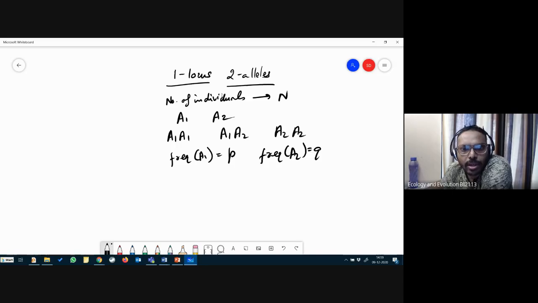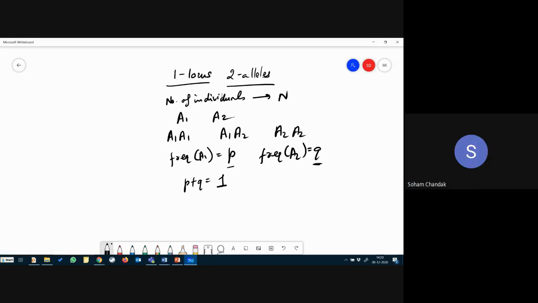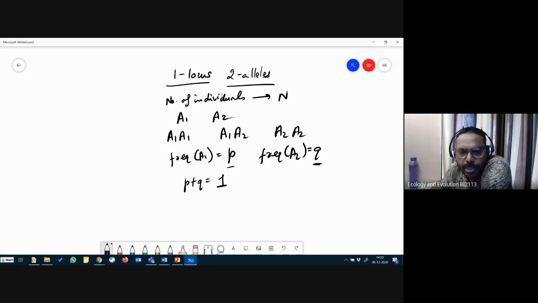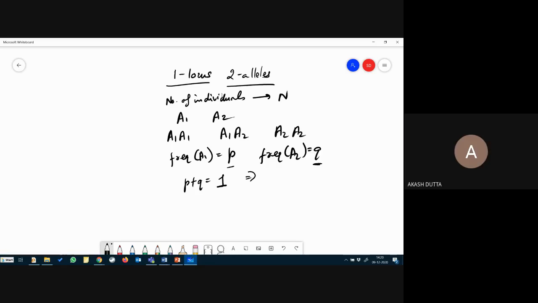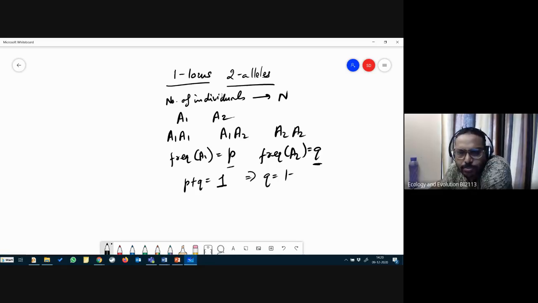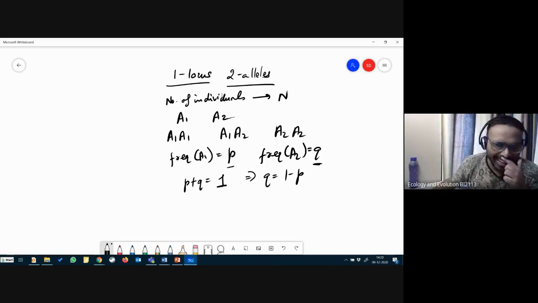Now, since there are only two kinds of alleles in the population, small p plus small q is always going to be equal to 1. Does that make sense, everybody? Yes, sir. So p plus q is equal to 1, which implies that q is equal to 1 minus p, or p is equal to 1 minus q, trivially.